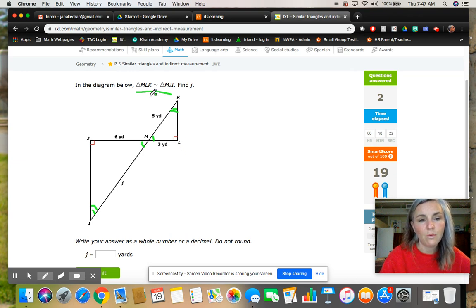And then if I'm wanting to compare sides, for example, if I want to compare 3, I suspect it's going to go with 6. Well, LM right here is going to go with JM. So there's JM. So I'm right. So 3 is going to pair with 6.